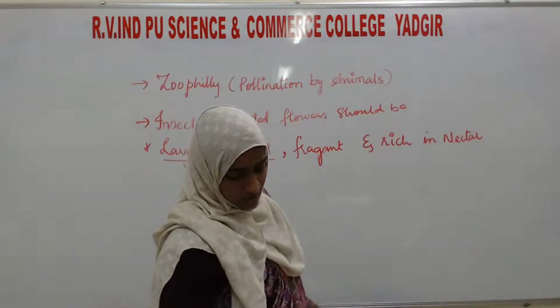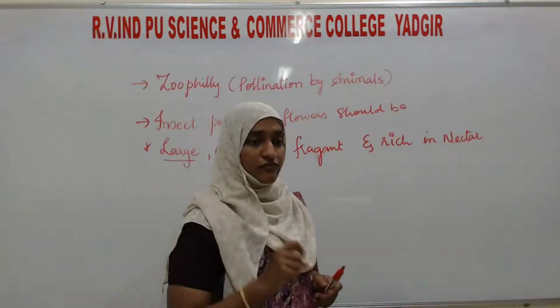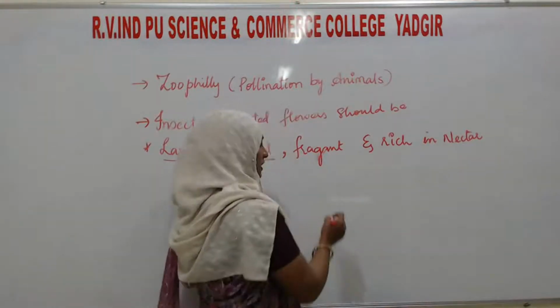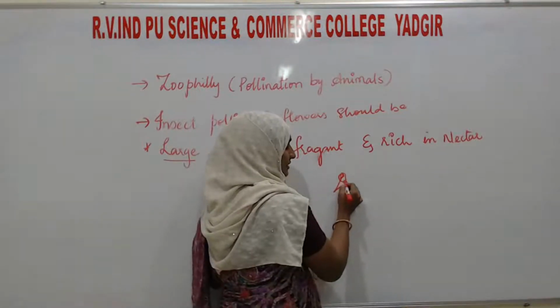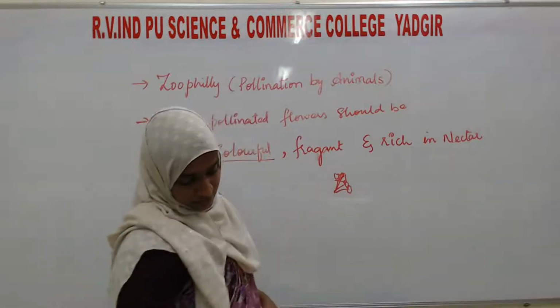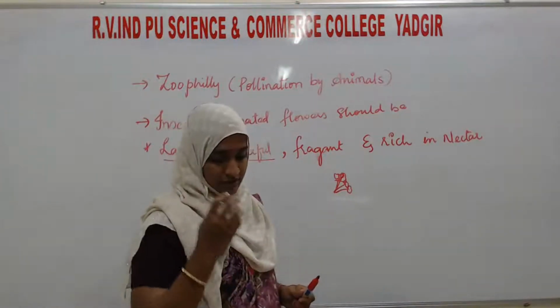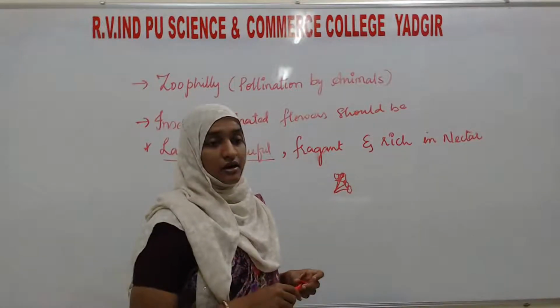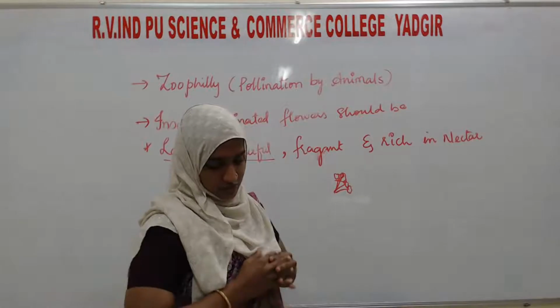And a small number of flowers should be present in clusters, an inflorescence. Yesterday I showed in aquatic plants flowers in clusters like this. Animals are attracted due to their color, fragrance, and nectar.